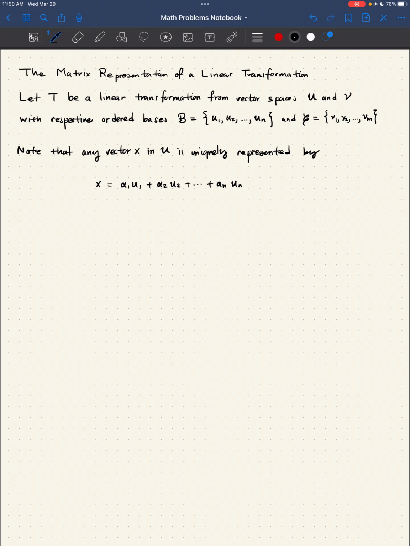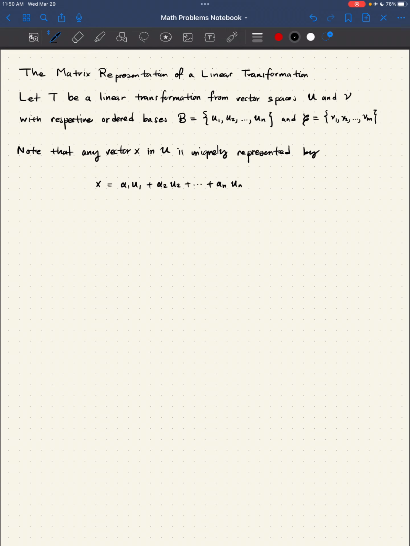What we're saying here is that since B is a basis for U, and x is an element of U, we can find a unique linear combination satisfying this equation.